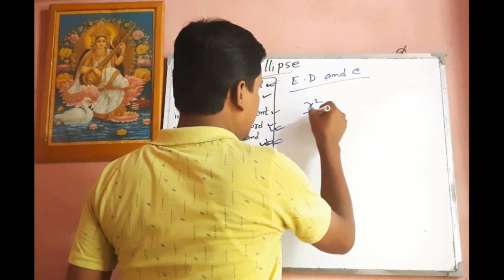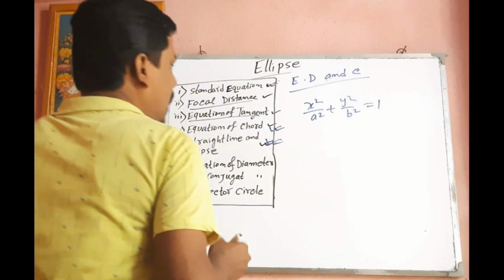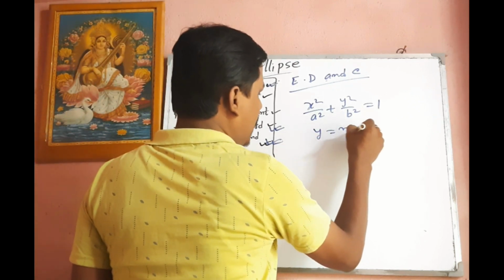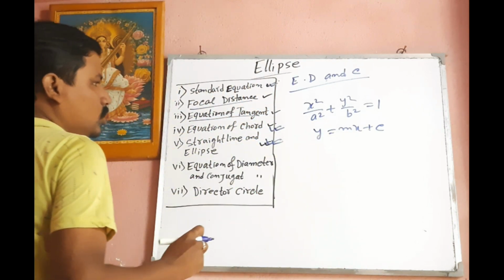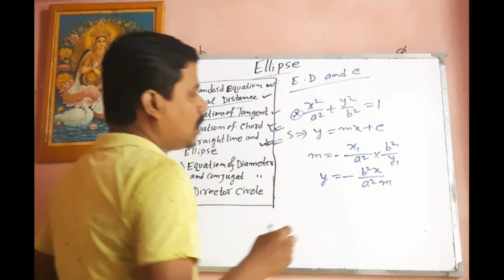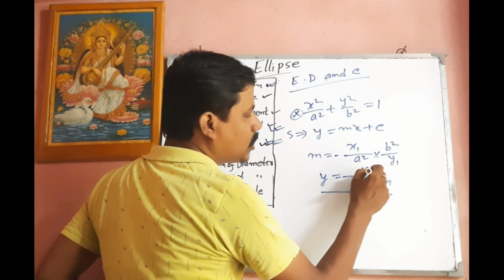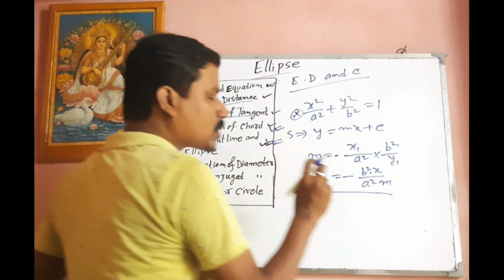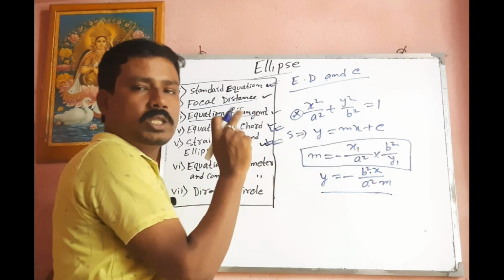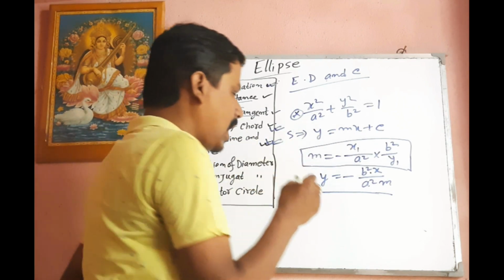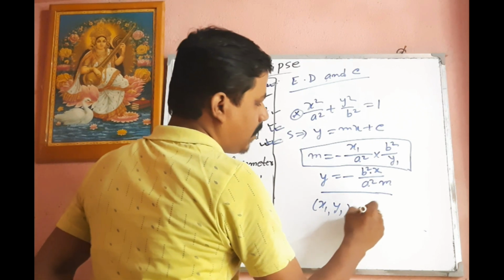For the standard equation x square by a square plus y square by b square is equal to 1 and the straight line y is equal to mx plus c, the equation of diameter will be y is equal to minus b square x divided by a square m, whereas m is equal to minus x1 by a square multiplied with b square by y1, and x1, y1 are the given points.